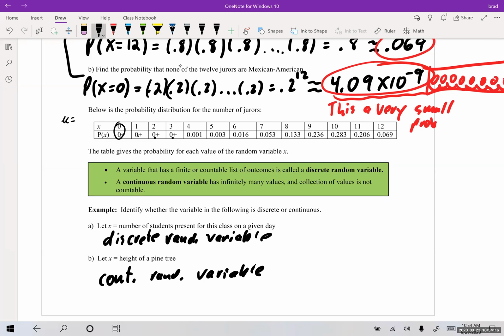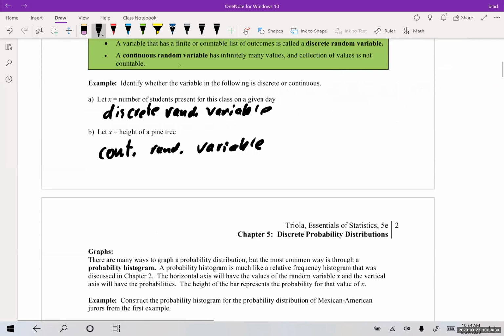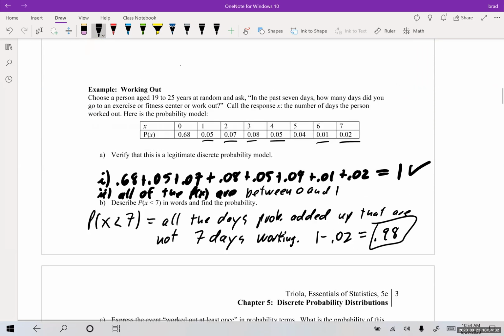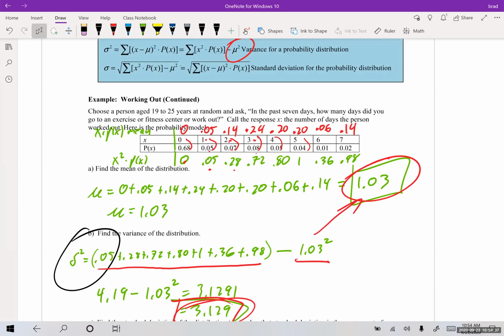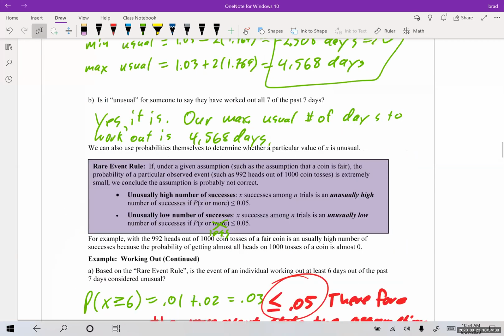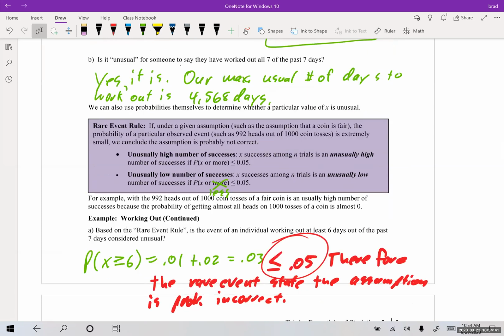You would take this times this, we get 0, this times this, we get 0, this times this, we get 0, this times this, we get 0, this times this, we would get 0.004, this would be 0.015, and so on and so on. Like I did in, I think I did it in this one because it was shorter. Yeah, this one was easier to do than doing 12. So that's something you guys can work on. But what you'll see is it'll be pretty close to the same.